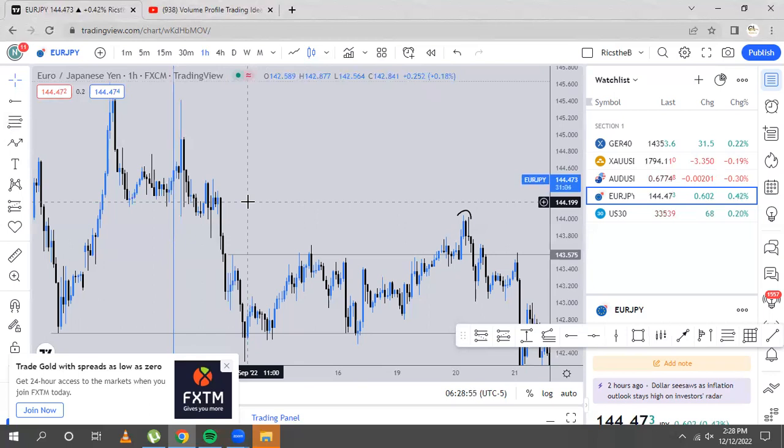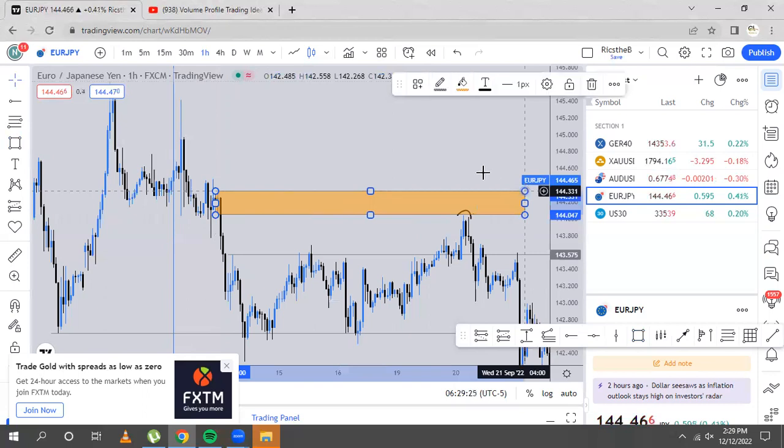Anytime we're mapping out supply and demand levels, some people tend to use the previous three candles, or even four candles, maybe three in the opposite direction, then one in the direction of the trend. Some people tend to refine their entries a little bit too much, and that gets dangerous because you might miss out on opportunities when you refine too much.